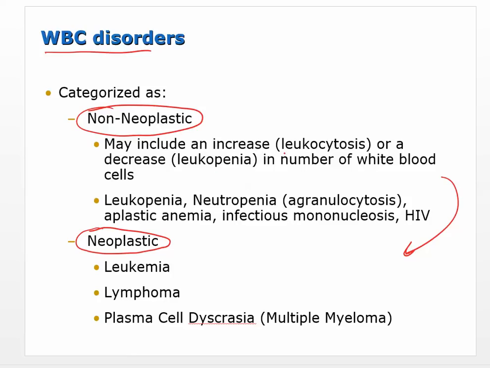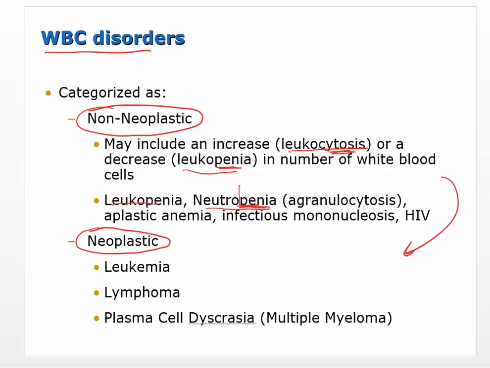So an increase would be called leukocytosis, a decrease would be called leukopenia, and with this name, just remember penia and cytosis as being increase for cytosis or decrease for penia in the number of white blood cells. So leukopenia, and then we have neutropenia, which is talking about neutrophils specifically.